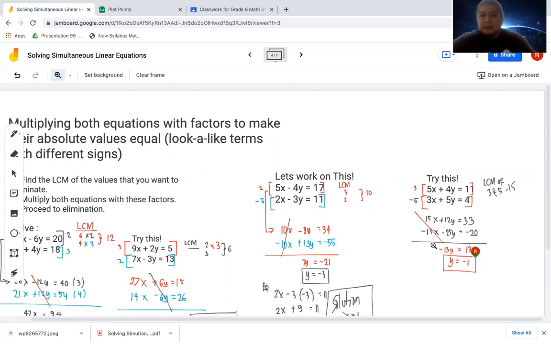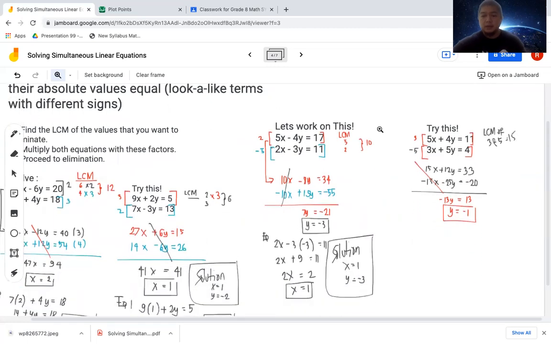And now as soon as you get the value of the y, this time you are now going to continue to solve for the value of x. So let's put it here. Plug in the equation again, just like what we did.